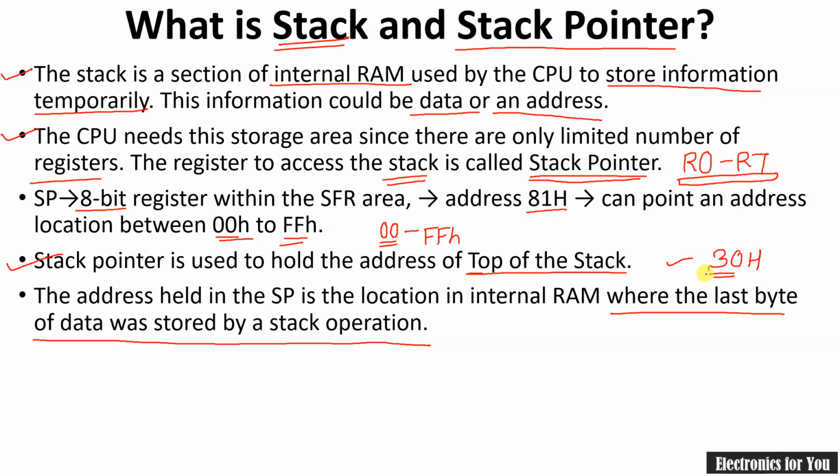For example, if the stack pointer has 30H, it means that it is the last location which has data. The reset value for the stack pointer is 07H. It means that after resetting the microcontroller, the stack pointer will automatically reset to the value 07H instead of 00H.